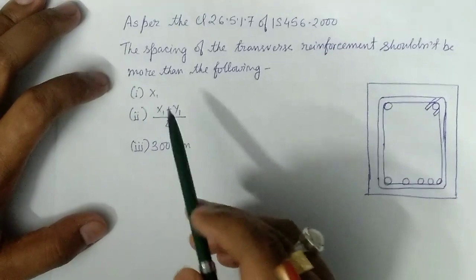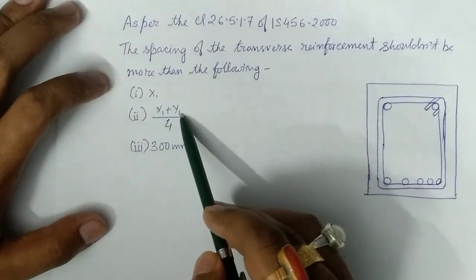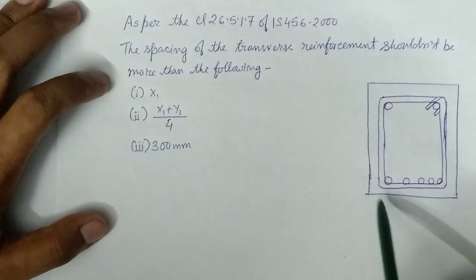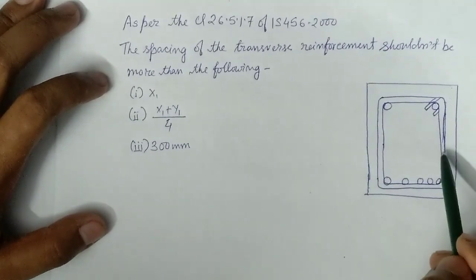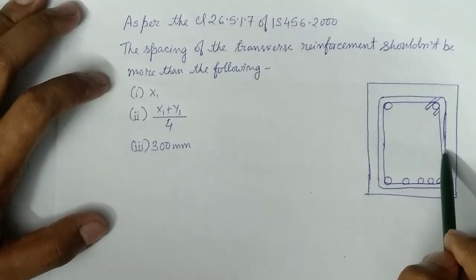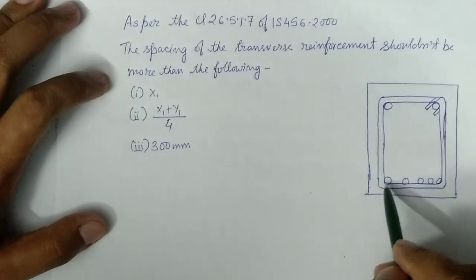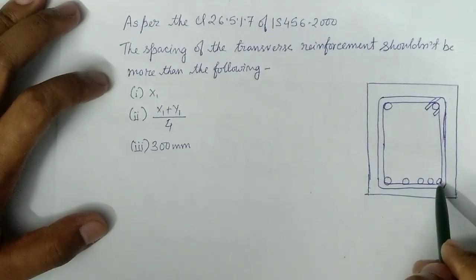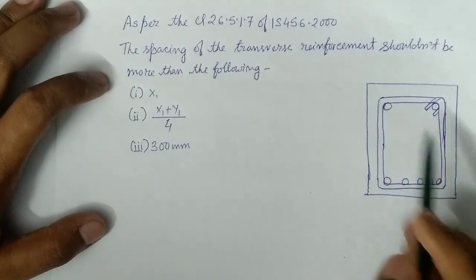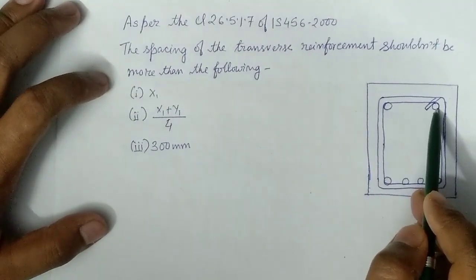We have to know what is x1 and what is y1. So this is the beam cross section. This is a transverse reinforcement or shear reinforcement. These are the longitudinal bars and these two are the hanger bars.